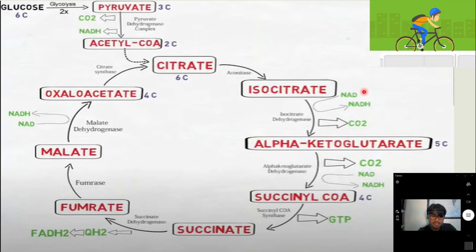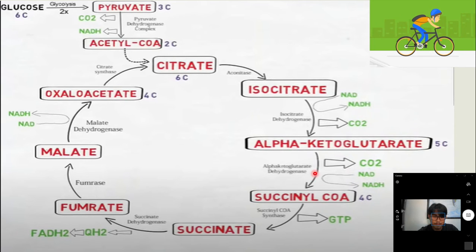If you notice, the NAD is reduced to NADH, and again it loses carbon dioxide. The enzyme is isocitrate dehydrogenase. Because it loses carbon dioxide, the alpha ketoglutarate becomes a 5 carbon compound.